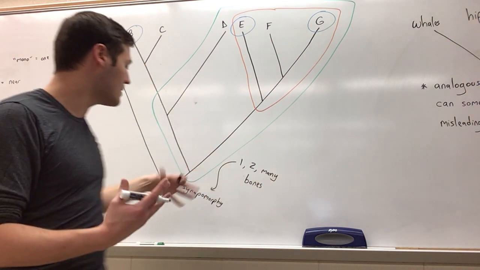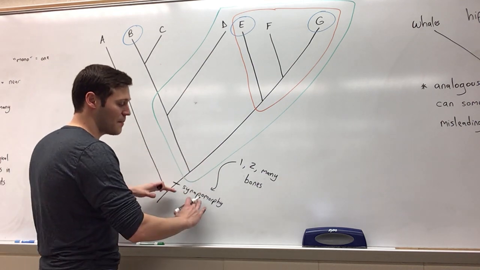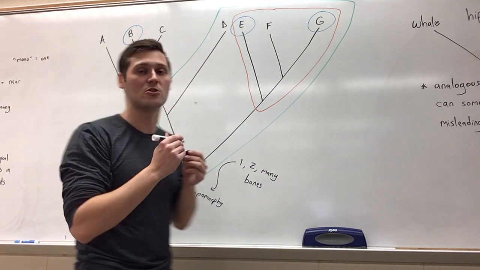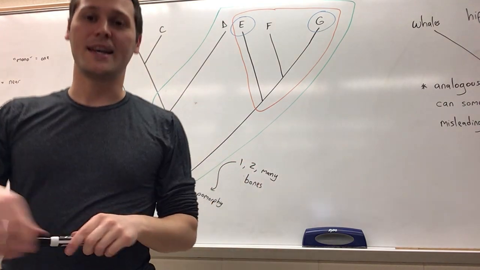So ultimately, a synapomorphy is the common trait, or the trait found in the common ancestor that has diverged into morphological homologous structures. Now we're almost done.